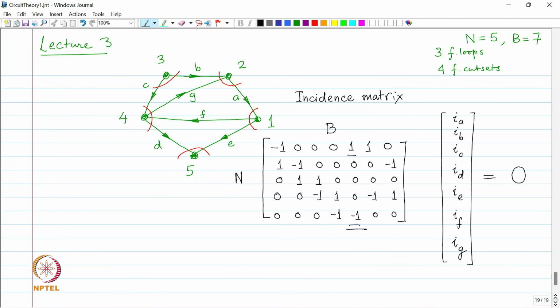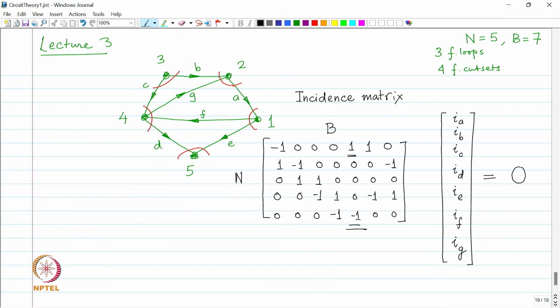Every column has a single plus 1 and a single minus 1, and naturally the column adds up to 0. So, obviously Adib is right, it is linearly dependent, right. They are all adding up to 0. So, you can't really do anything, this is not solvable. This is a bad set of equations.